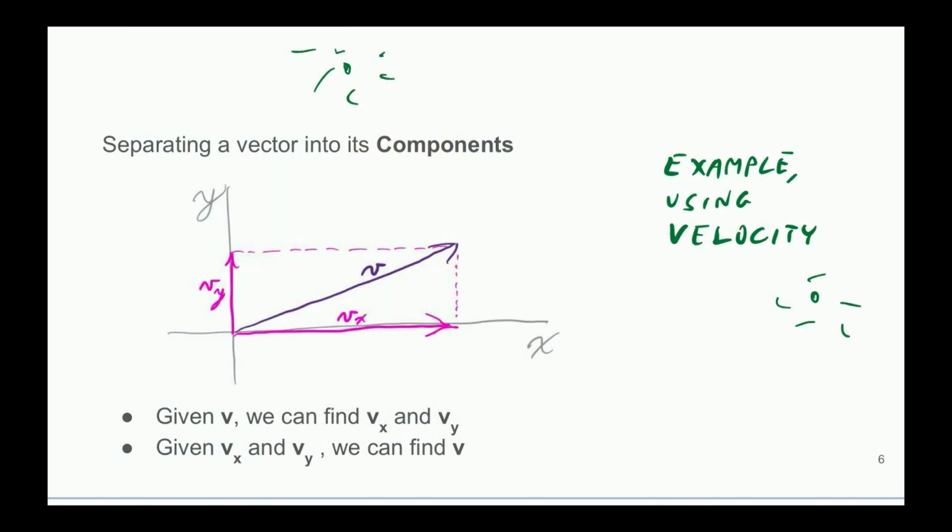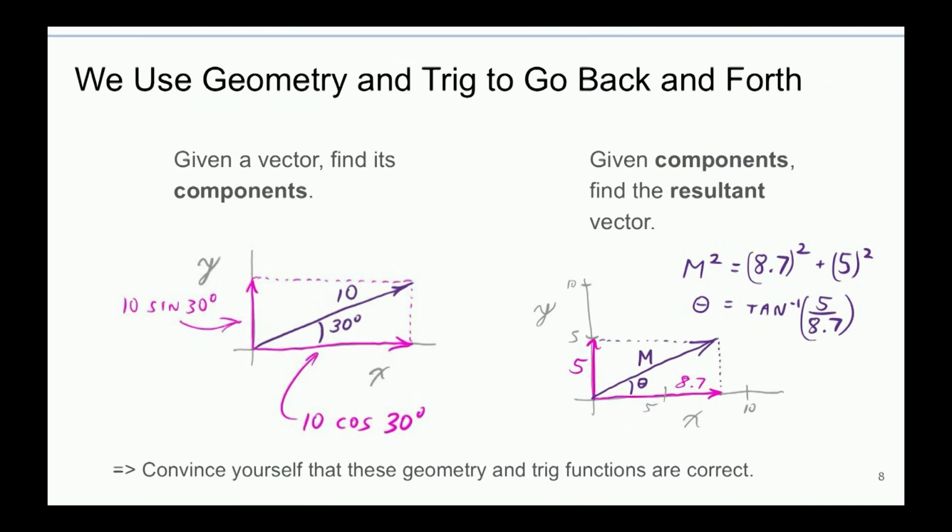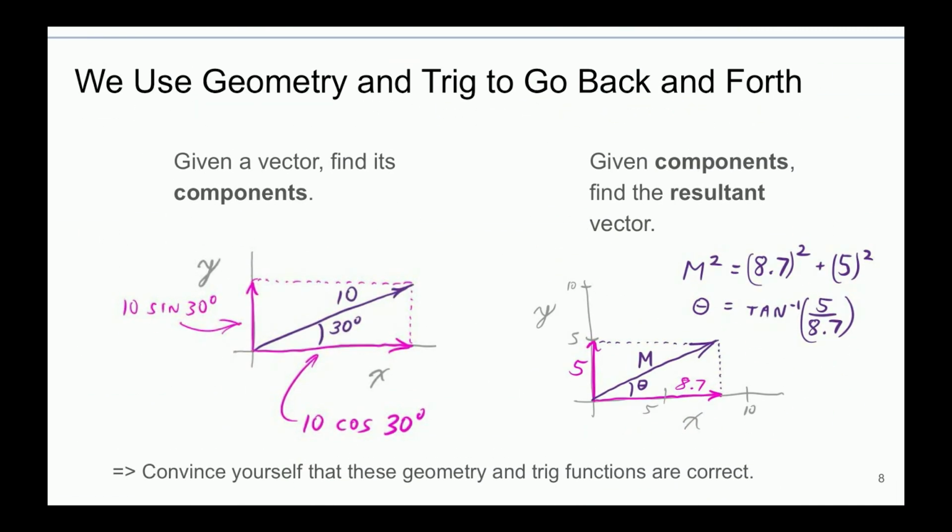We're going to try to find those components, the x component and the y component. That's a buzzword, as you well know by now. And we can find that by using geometry. So if we look at this picture on the left side, finding the components of something that's magnitude 10, angle of 30 degrees, we can use geometry and trig to find that.